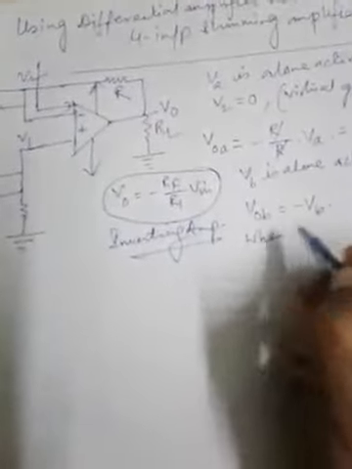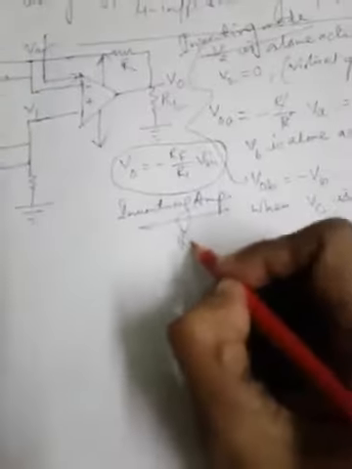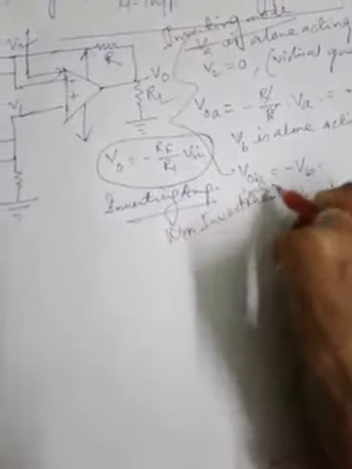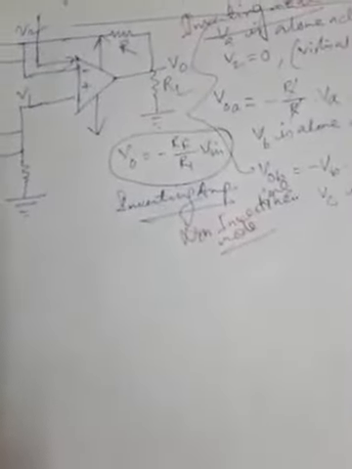So in these two, for VA, VB, it is inverting mode, and for VC, VD, it is non-inverting mode. So when VC is alone, it is non-inverting mode of operation.